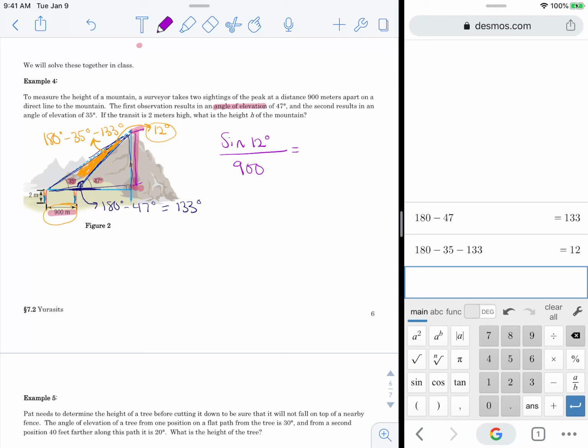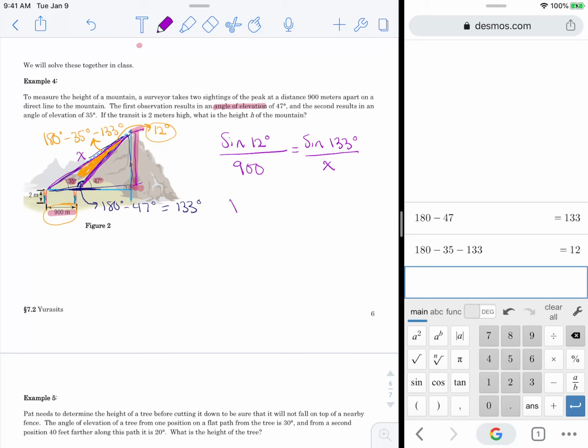Well, that means you want to find either the hypotenuse for the smaller triangle or the hypotenuse for the larger triangle. It is up to you. You will still get the same answer if you do your math correctly. For me, I'm just making a random decision. I'm going to find the hypotenuse for the larger triangle. So that's why I would do sine of 133 degrees over our unknown. Or some of you could have done sine of 35 degrees over the unknown.